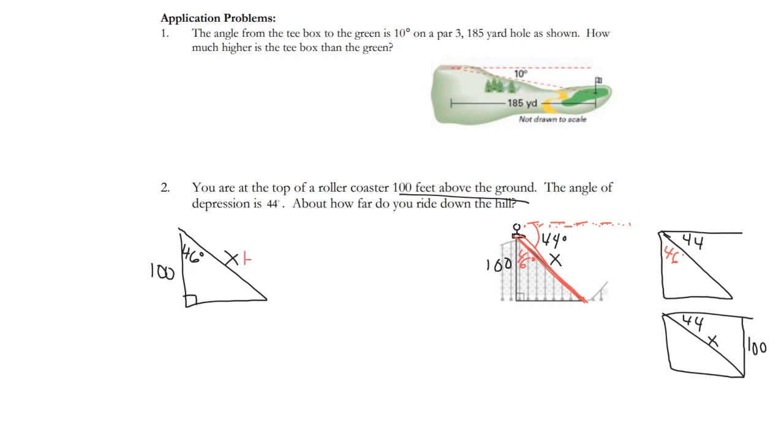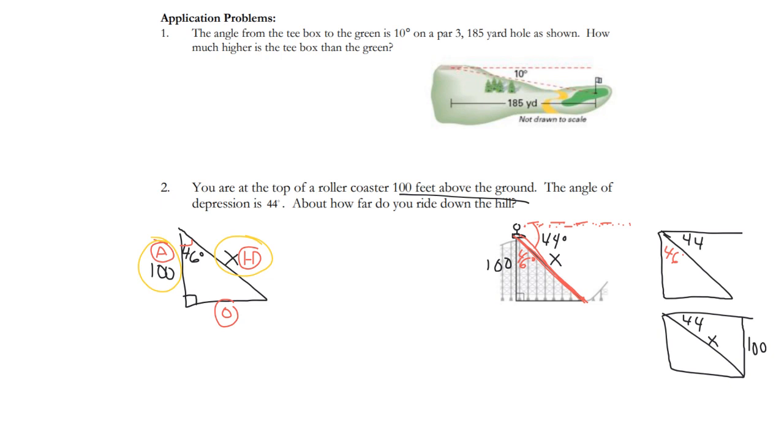I'm going to label this as my hypotenuse, adjacent and opposite. Here's opposite. It's across from the 46-degree angle. That's our reference right there. And then this is adjacent. Now, I'm trying to find this, the hypotenuse. I know this, the adjacent.